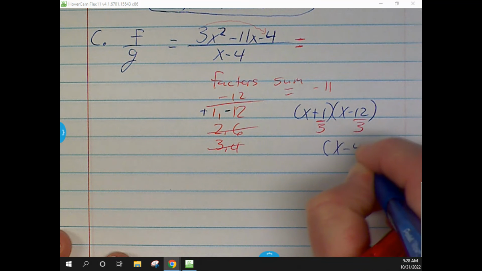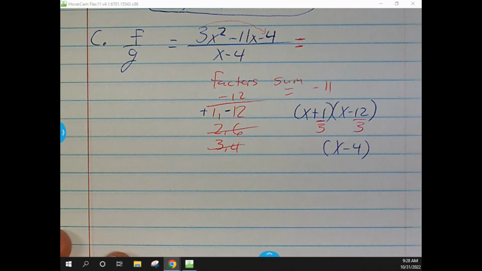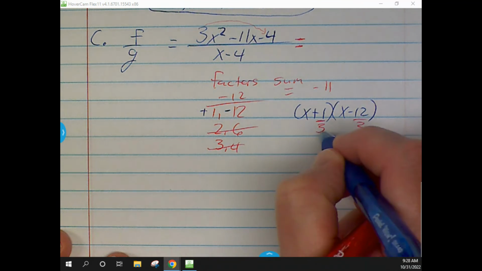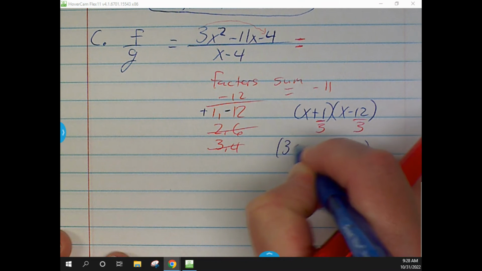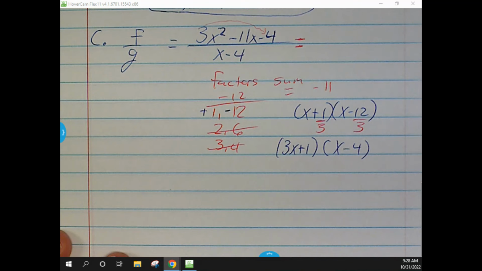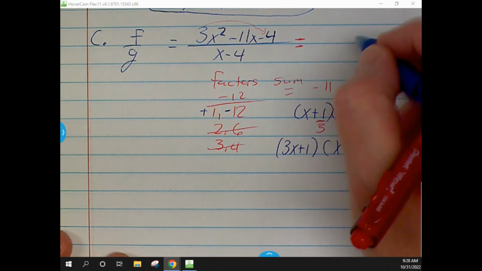All right, so that's x minus 4. That doesn't simplify, right? So we get to do the bottoms up: take the bottom number, pull it up in front of x, and make it 3x plus 1. And then we put that over x minus 4.